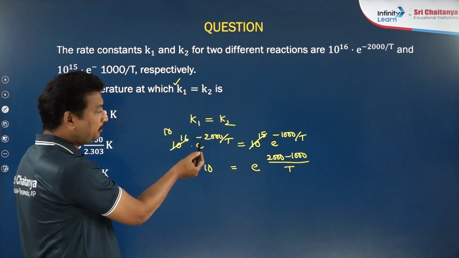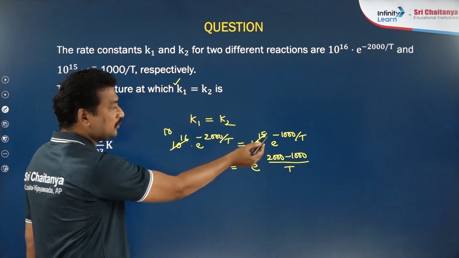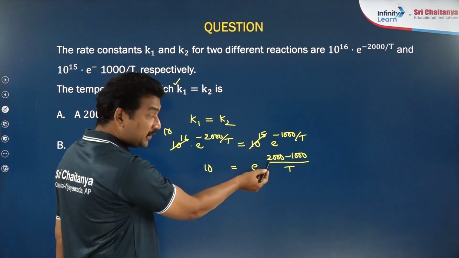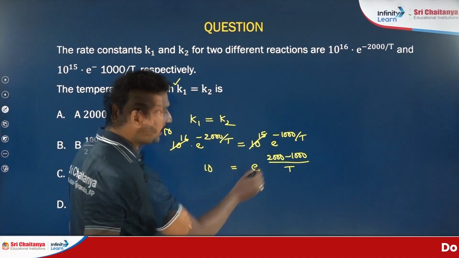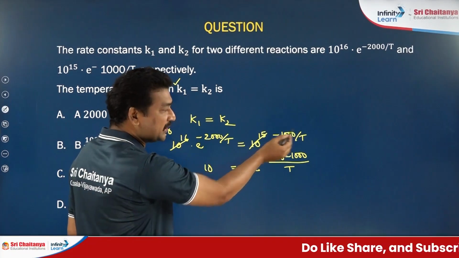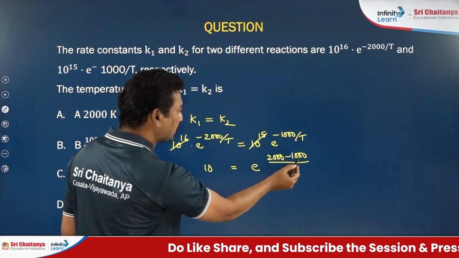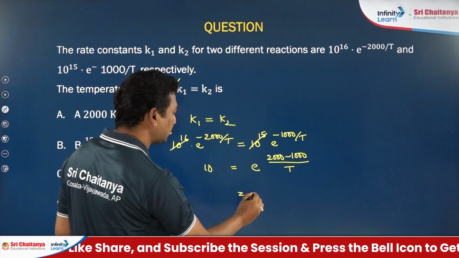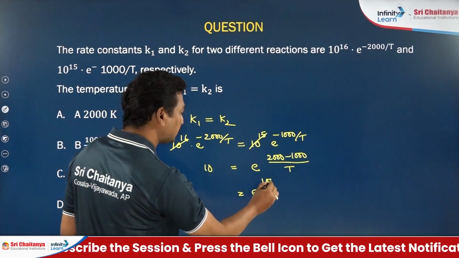I brought e power minus 2000 by T to the other side so that it becomes e power plus 2000 by T, and this is retained as minus 1000 by T. So e power 2000 minus 1000 by T. How much is it? e power plus 1000 by T.